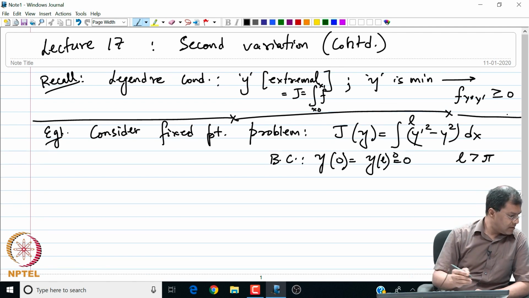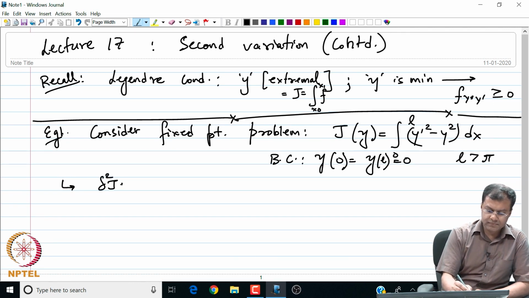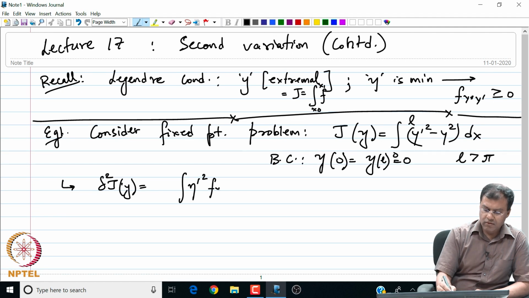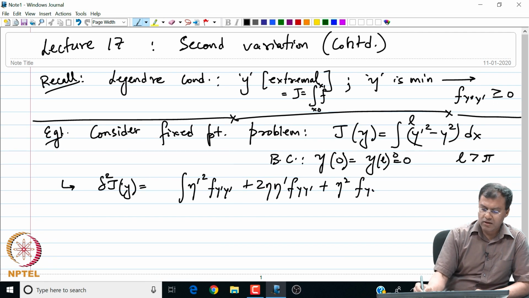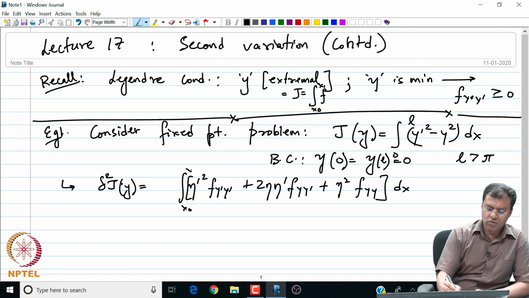So if we were to look at the second variation, the second variation involved this following quantity. So it is eta prime square f of y prime y prime plus 2 eta eta prime f of y y prime plus eta square f of y y, and this is integrated with respect to dx from x0 to x1.